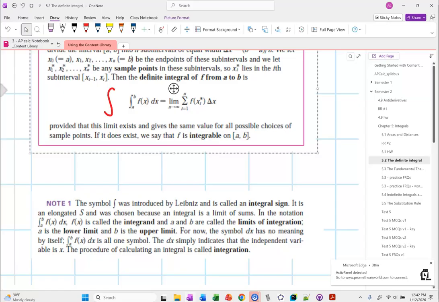So this S symbol is the integral symbol, or the integral sign. Remember, this integral sign is going to work like an operation. It's like a plus sign or a minus sign or a square root symbol. It's an operation that we do to a function. Is that okay? The function inside the integral, the one that we're integrating, is called the integrand.